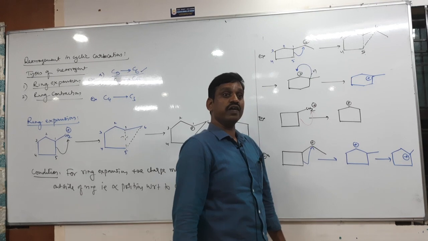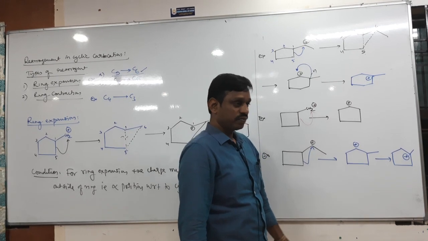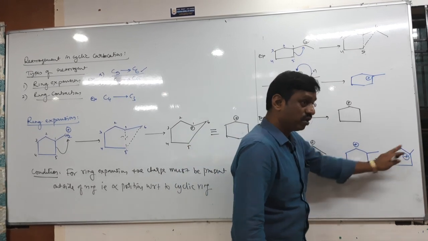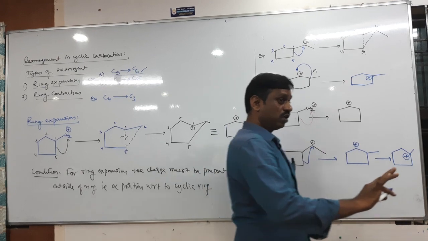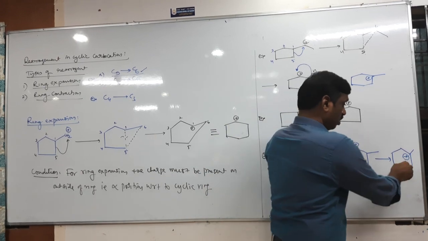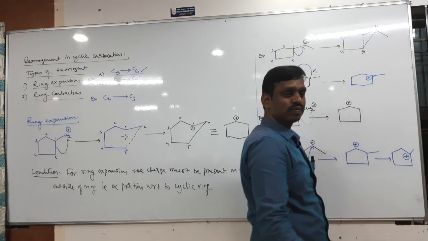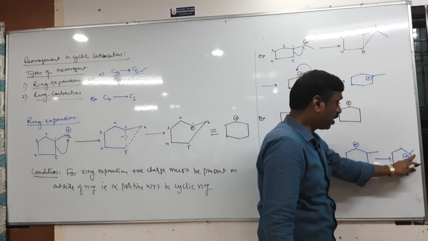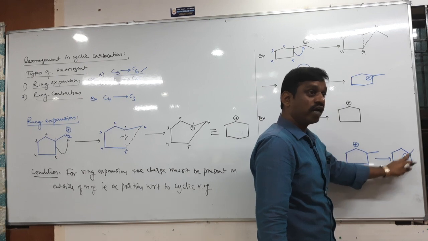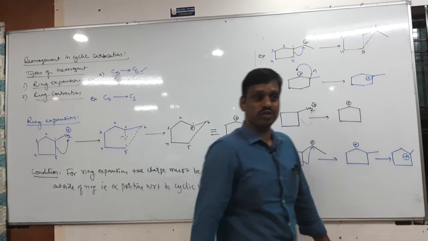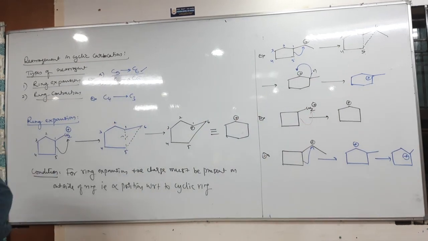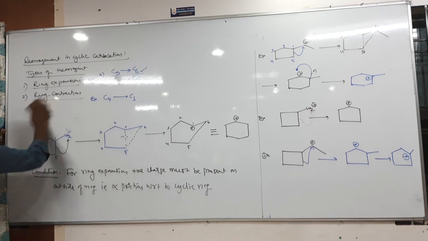That is the condition for ring contraction. Therefore, you will get this. Then one more condition. Suppose ring expansion is possible, but a tertiary has to convert into primary. Is it possible? No. So the carbocation doesn't come here. When the carbocation doesn't come here, then where is the question of ring expansion? No ring expansion, right? This is ring expansion.